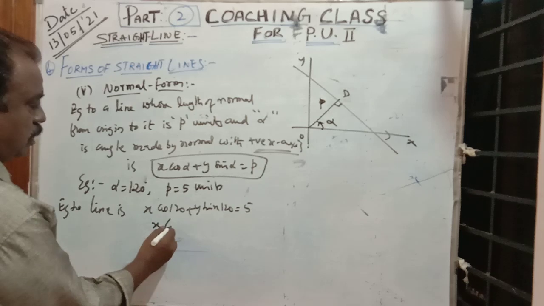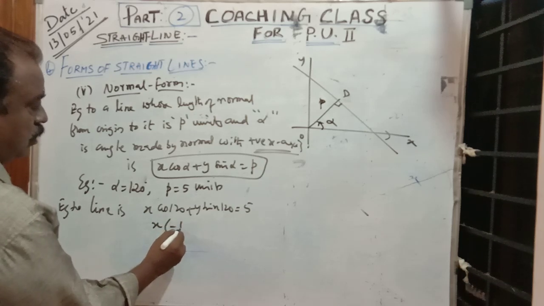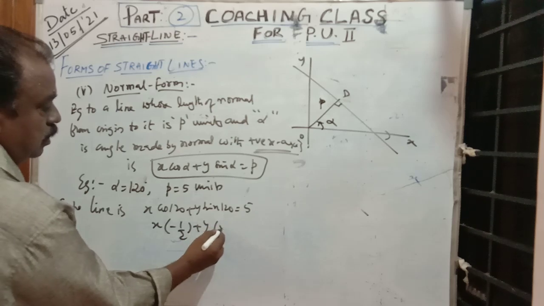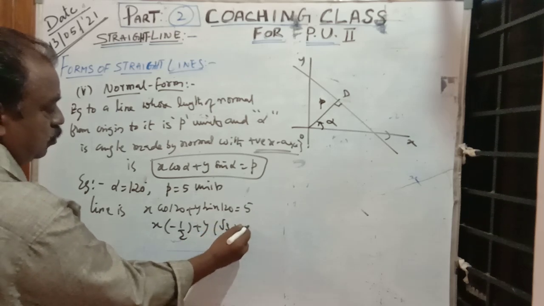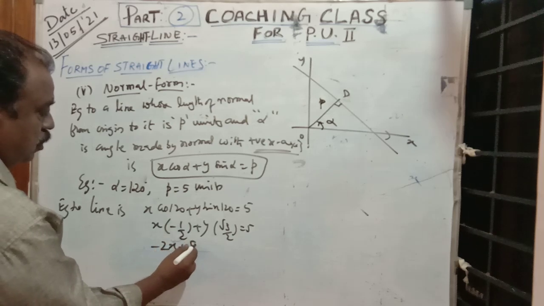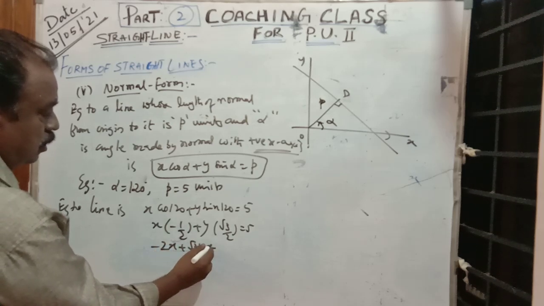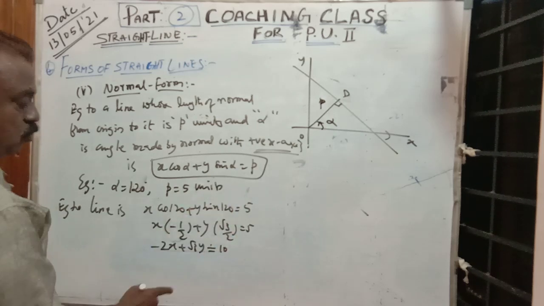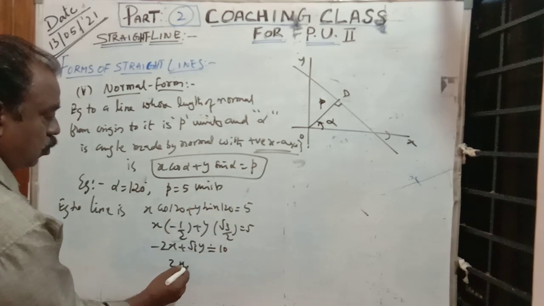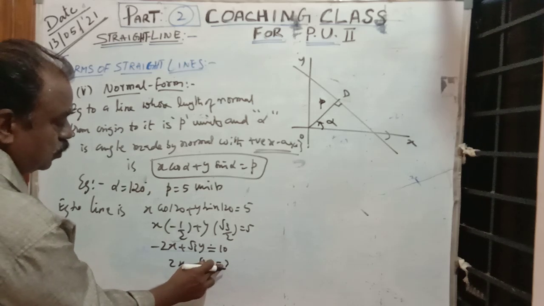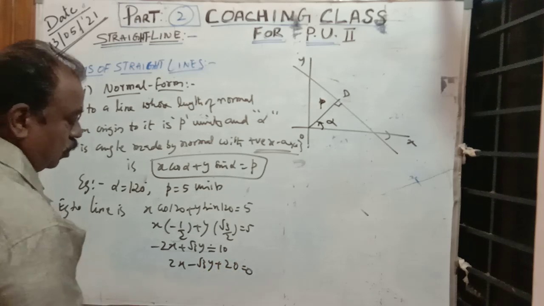This is x of minus 1 by 2 plus y of root 3 by 2 is equal to 5. So minus 2x plus root 3y is equal to 10, taking LCM 2, 5 into 2 is 10. Or 2x minus root 3y plus 20 is equal to 0.